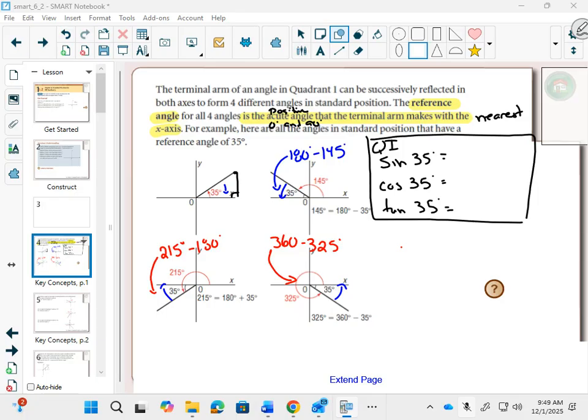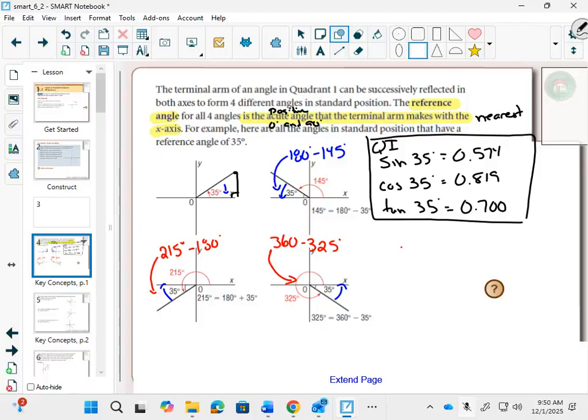And I'm going to write those values down. So 0.574 to 3 decimal places, 0.819, and 0.700. Interesting. Even though it rounds with zeros there to 3 decimal places, we would write all of those zeros.